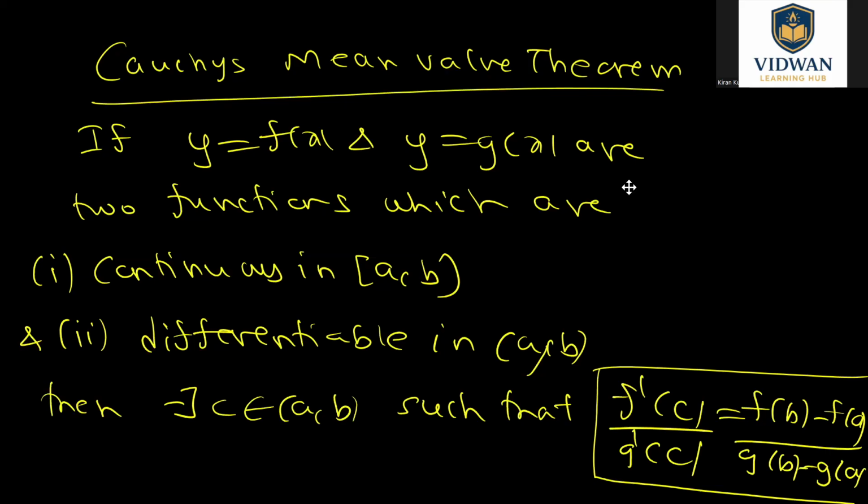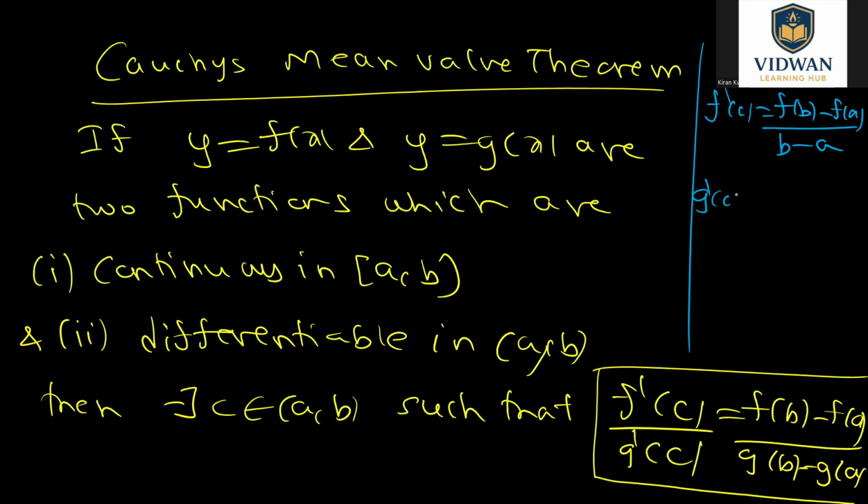So here you can just say from the previous theorem, f dash of C will be f of B minus f of A by B minus A. And similarly, from the same previous theorem, g dash of C will be g of B minus g of A by B minus A. You just have to divide these two results to get this theorem, which is called Cauchy's mean value theorem.